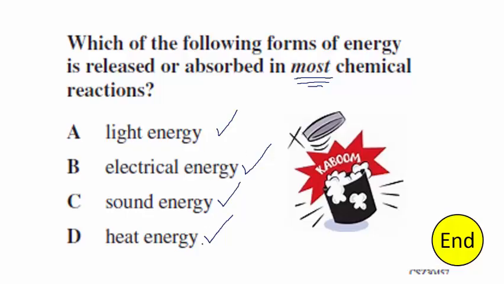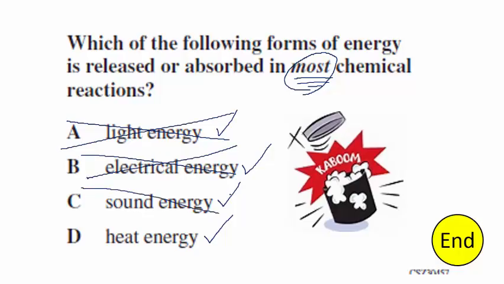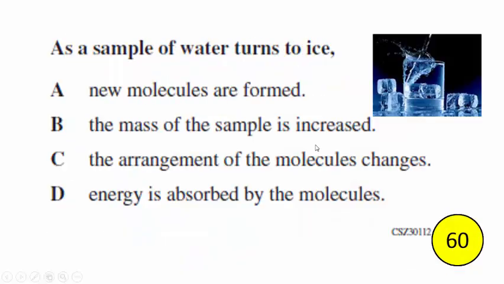So which of the four happens with just about every reaction? It's not light, it's not electricity, it's not sound. Almost every chemical reaction is going to absorb or release some heat. Our choice then is D. Next question, 60 seconds. Begin.